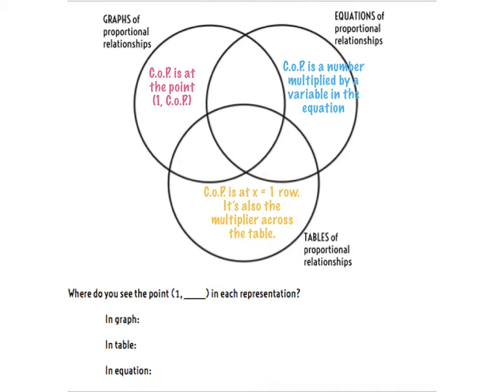And if you have a table, you could take that point, that would be at x equals 1 in that row, which you know we can also scale down, and it's also the multiplier across the table. A benefit of graphs and equations is that both of them can give you every single point. When you have a graph that is a solid line, if it's appropriate for it to be a solid line, that's telling you every point along that line is going to be true of this proportional scenario.